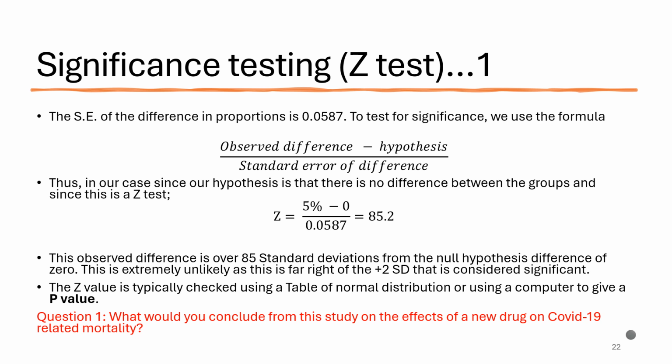So in our case, when we plug in those numbers into the formula, we have z equal to 5% minus 0 divided by 0.0587, sorry. And we have a value of 85. Now this observed difference is over 85 standard deviations from the null hypothesis.